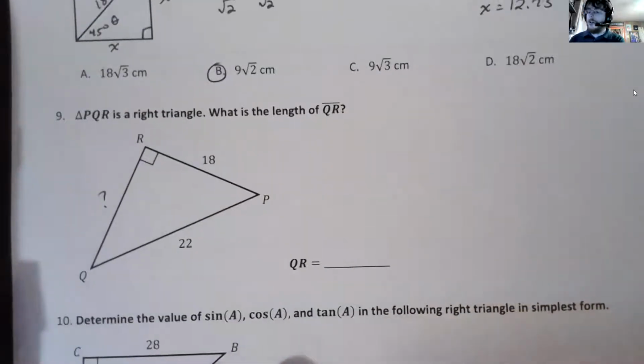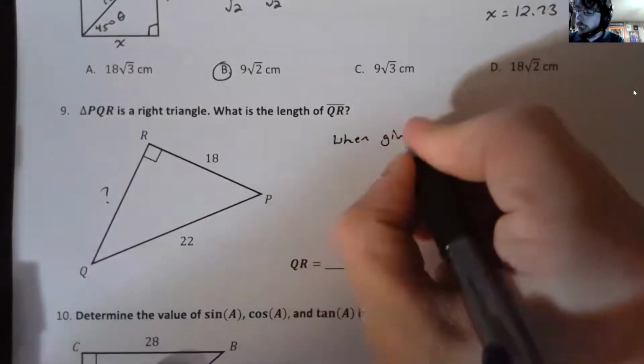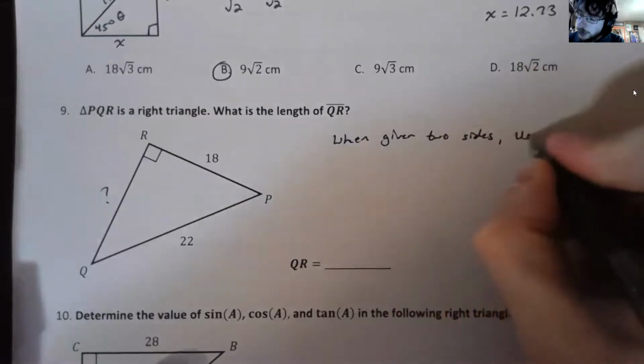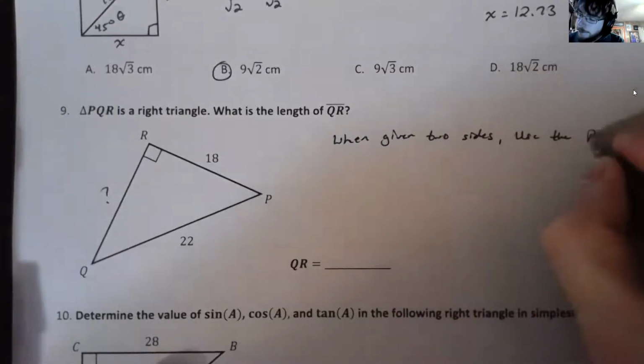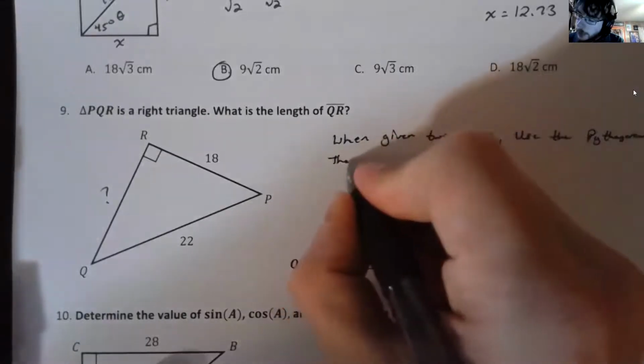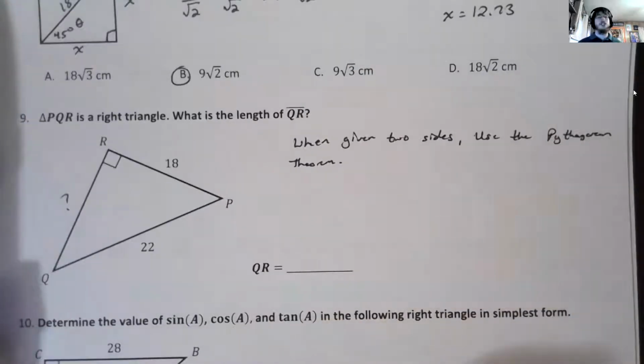The key thing here is when you have two sides, when given two sides, use the Pythagorean theorem. Okay? When you're given two sides, use the Pythagorean theorem. So that means we need to figure out what our A, B, and C are.